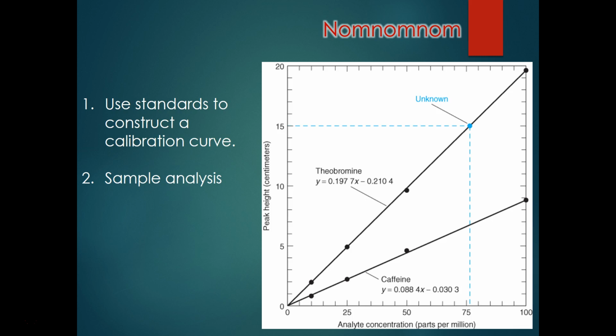Now notice here that we've got a really steep line for theobromine, and the caffeine line is much flatter. Not flat, but flatter than theobromine. Well, what that means, and you'll learn this in detail when we get into chapter 5, is that theobromine is absorbing more strongly at 254. 254 is much closer to theobromine's absorbance maximum.